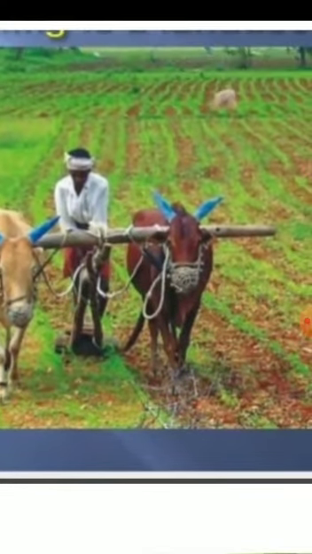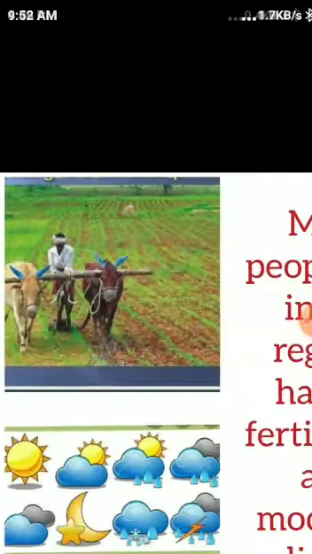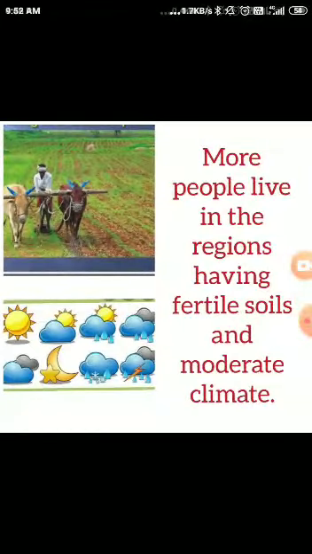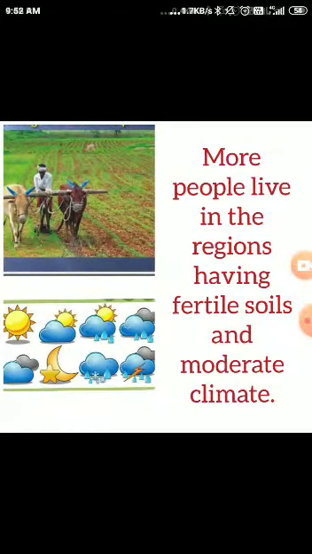Areas having moderate climate, flat land, and fertile soil have more people. These areas are ideal for human habitation as they support a variety of economic activities.